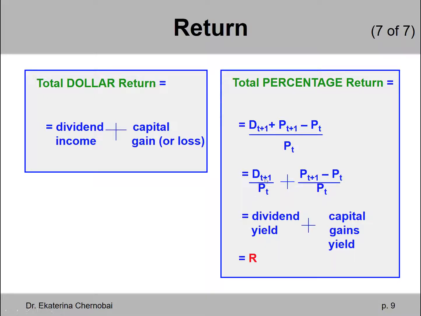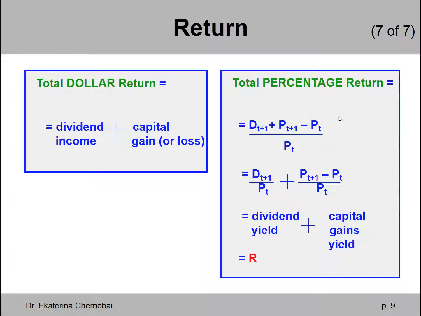And technically, these two yields are coming from this mathematical trick in which one fraction can be split into the sum of two fractions.